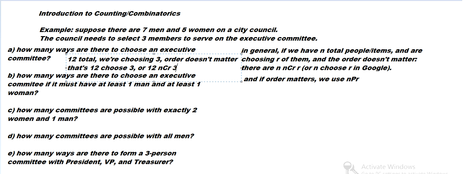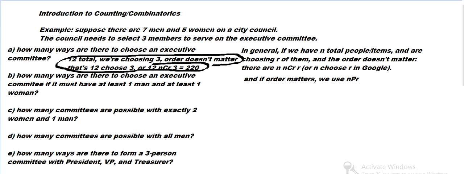You can literally just use Google, or if you've got a calculator, you can just use that. So that's 220. Let's circle that in red to make sure it's clear.